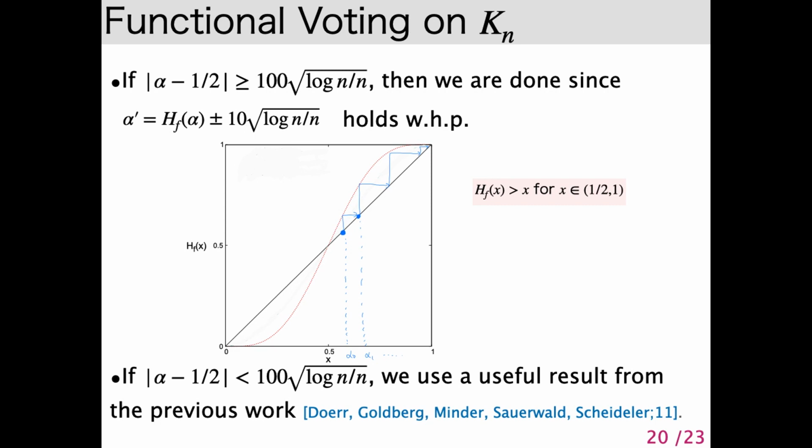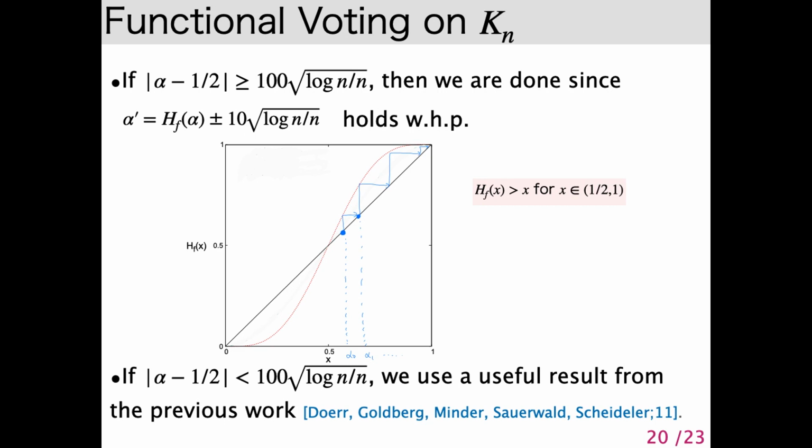If the initial point alpha is away from 1/2, then the orbit of alpha can be roughly approximated by the iteration of f, as shown in this figure. Therefore, from the properties of f, we can obtain an upper bound of the consensus time.